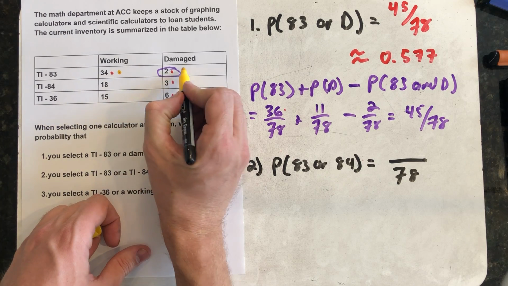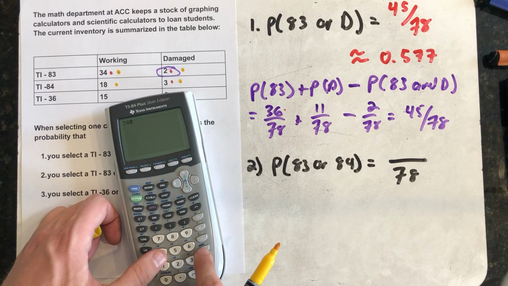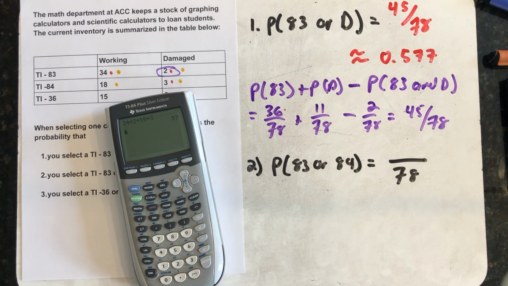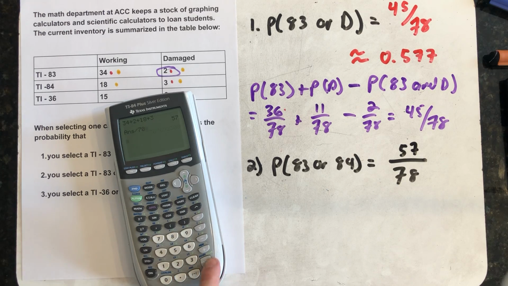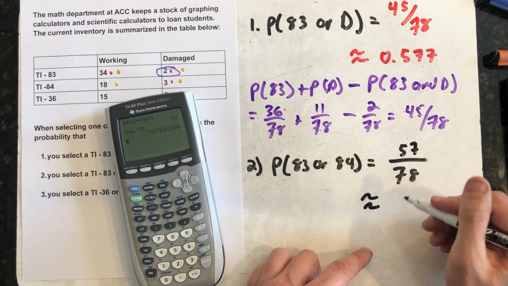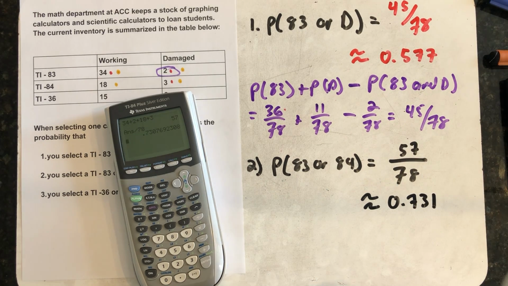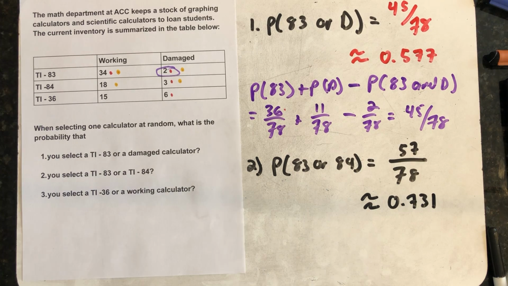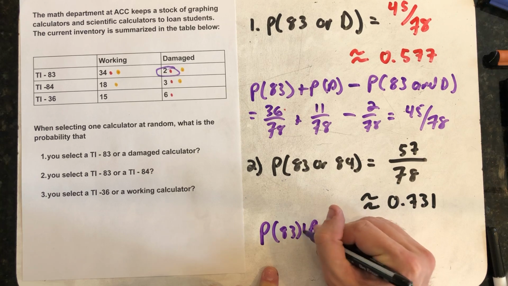So I just need to count the total number of those calculators. 34 plus 2 plus 18 plus 3 is 57 total calculators. Again, I want to calculate to 3 decimal places. 0.731.